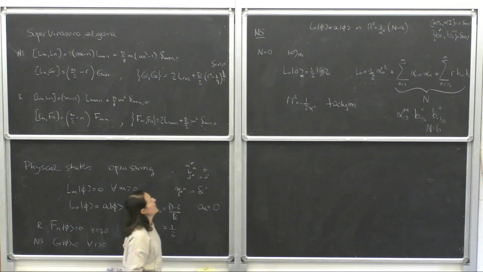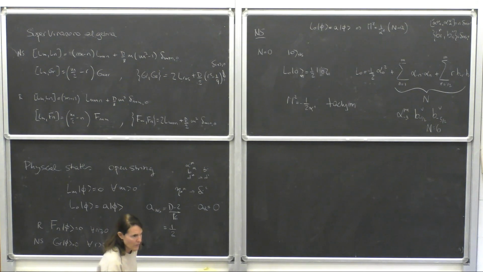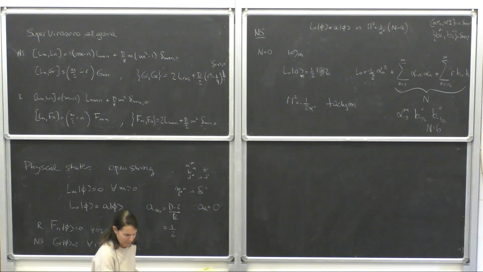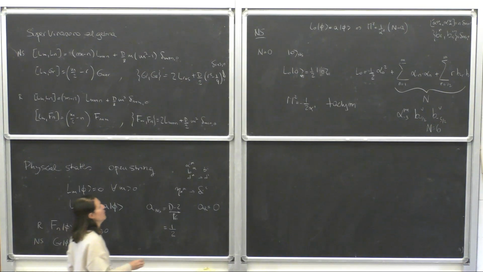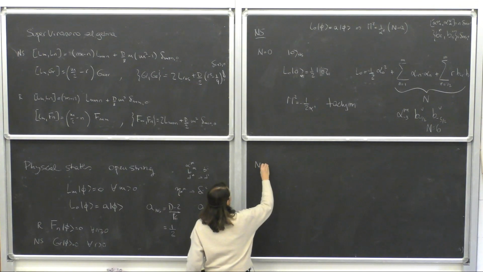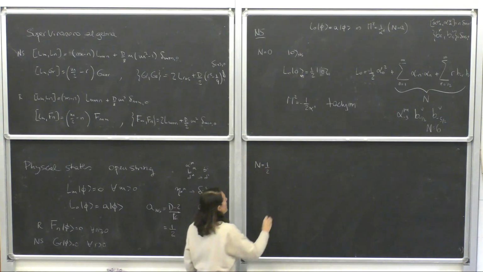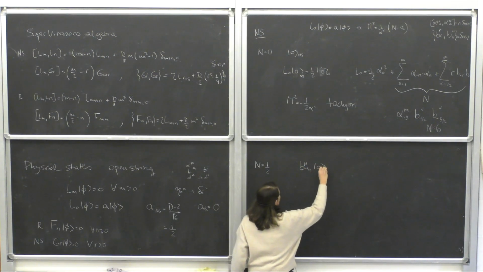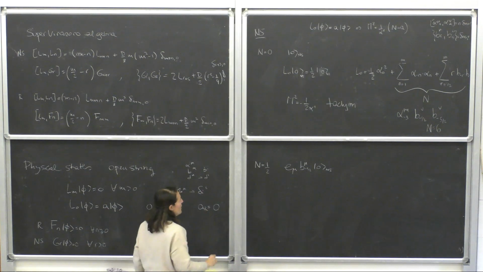Okay, so what's the next level in the NS sector? One half. Right, in the NS sector, one can have integer or half integer n's. And this is B mu minus 1/2 acting on 0 NS, with a polarization.